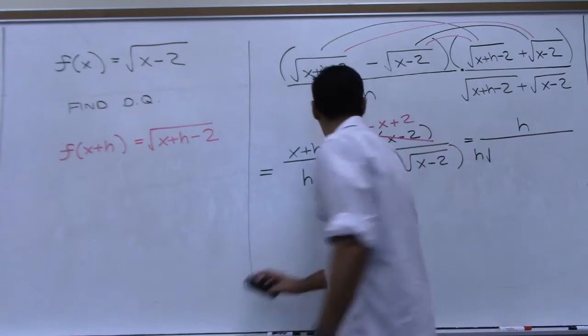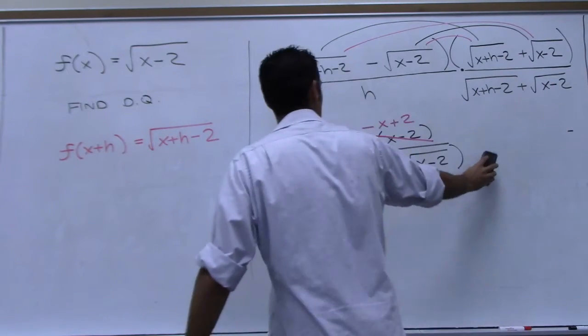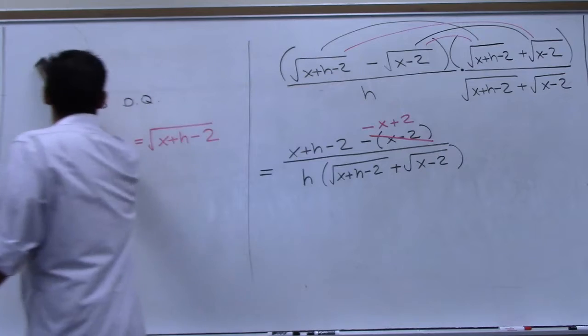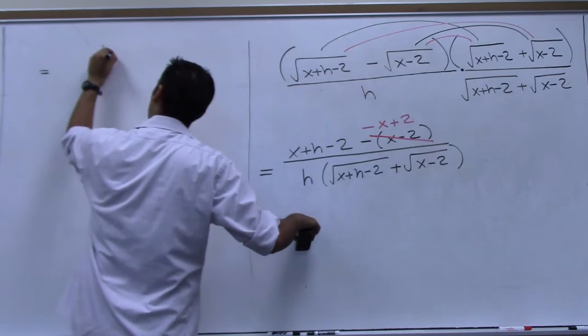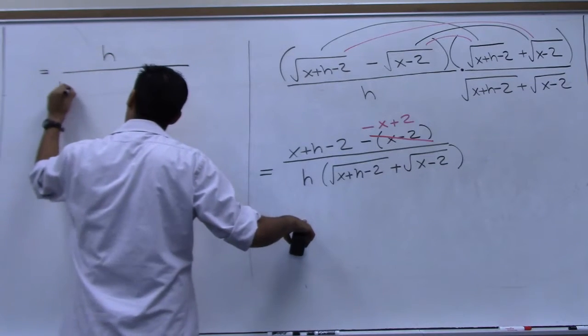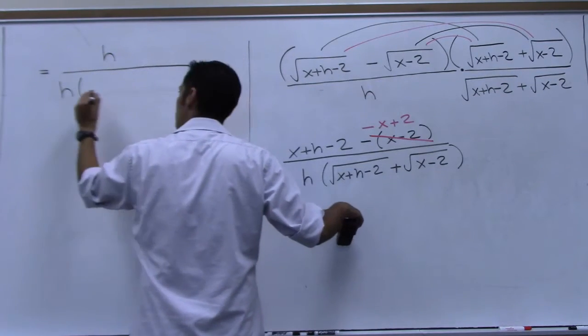I think I'll do this over here. So that equals, so this equals just an h on top, the h on the bottom, then everything in that parentheses.